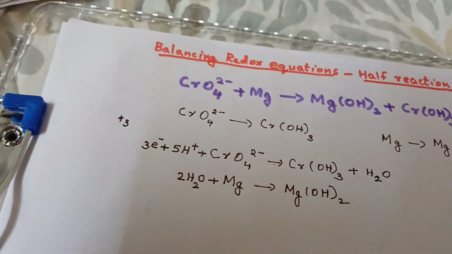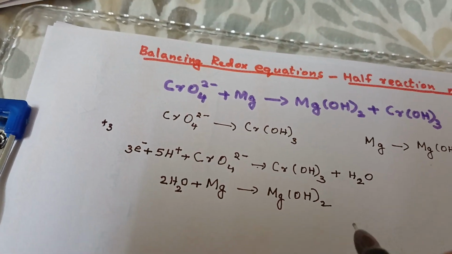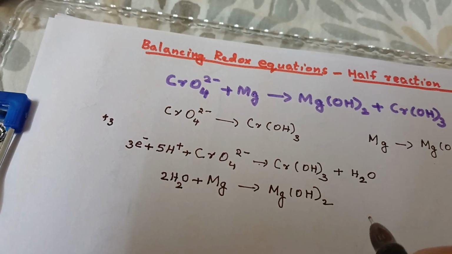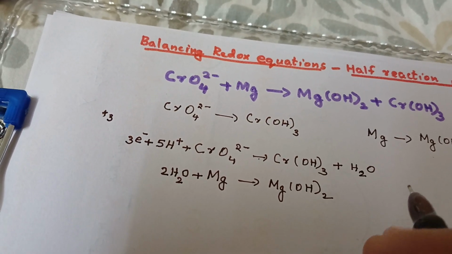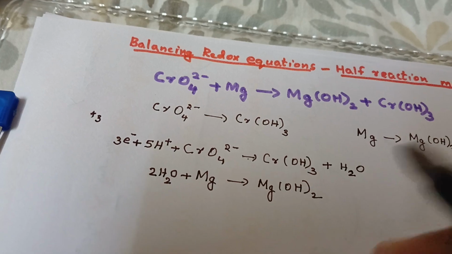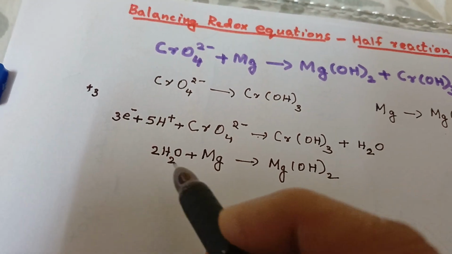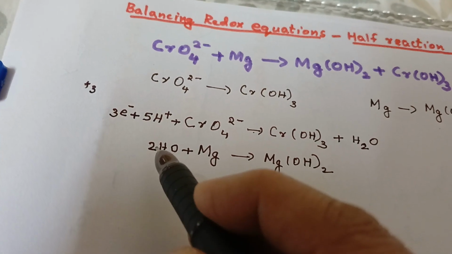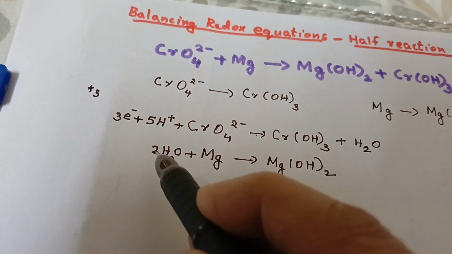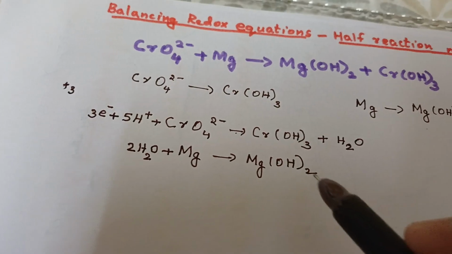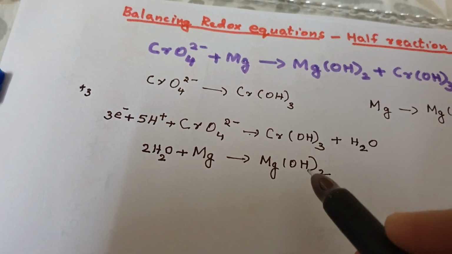This is what we do while balancing equations in the acid medium. In order to add more oxygen atoms, we add an equal number of water molecules. And here now we have 4 hydrogens from 2H2O.